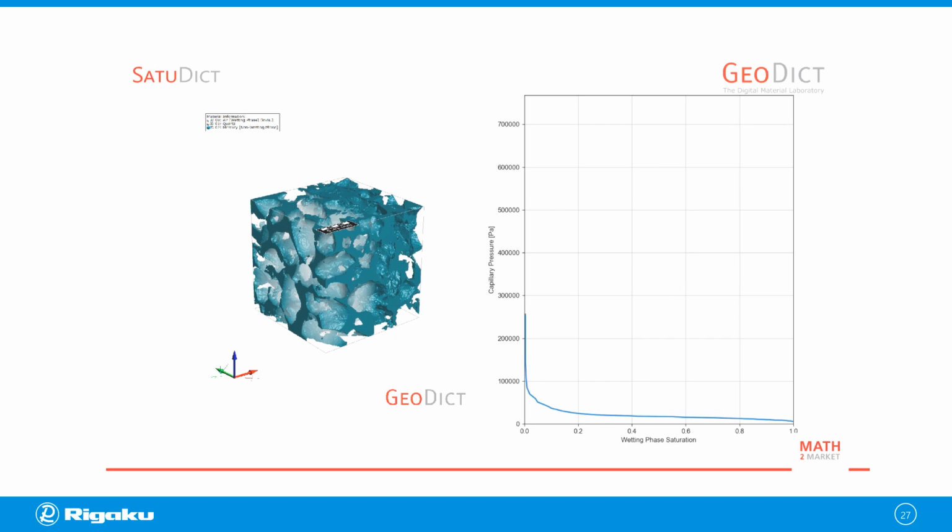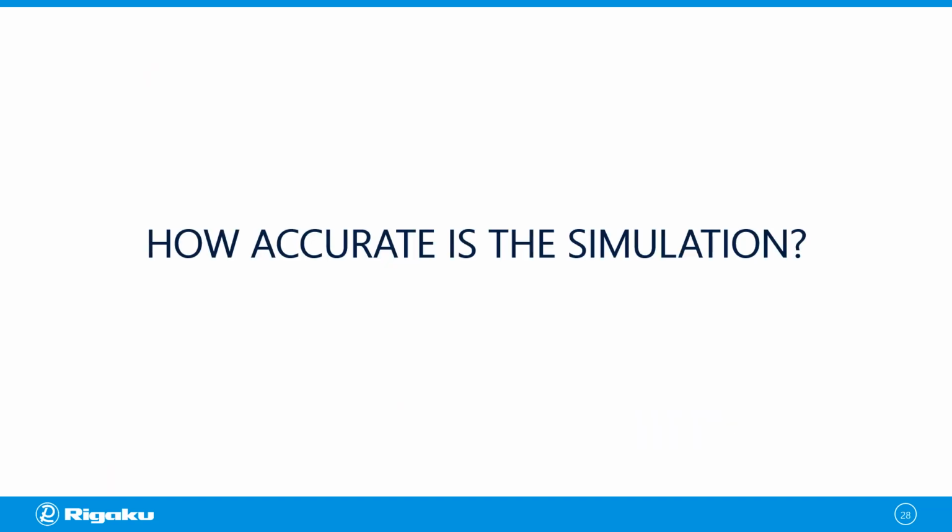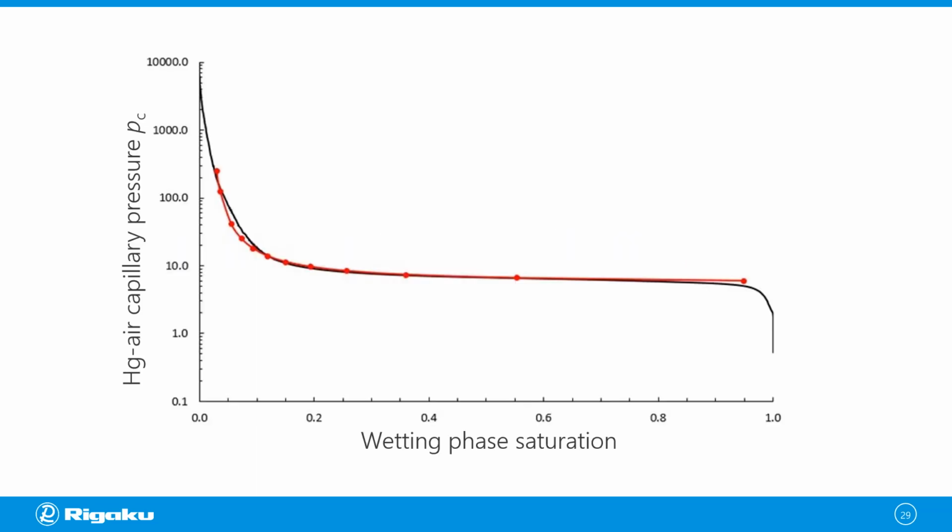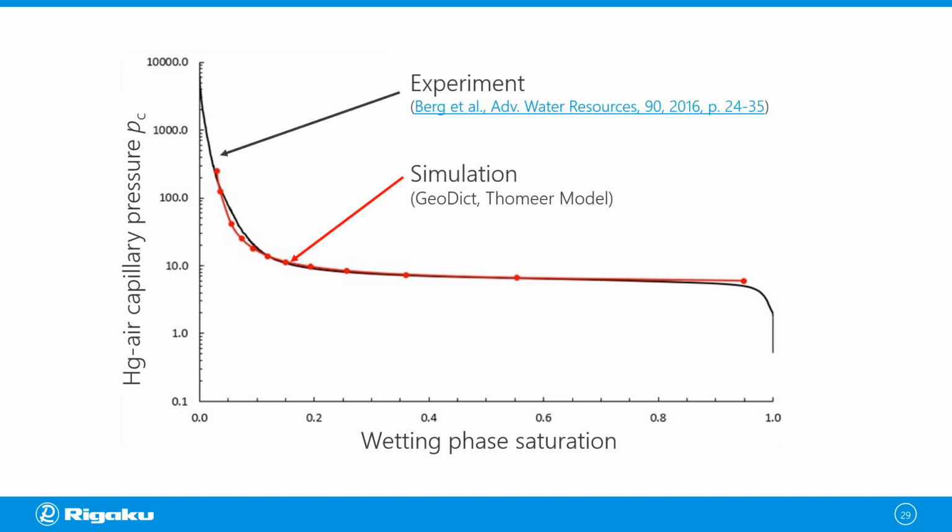experiment. However, when you do something like that, you wonder, well, how accurate is the simulation? And that's a fair question and a good question you should be asking. So I'm going to show you some comparisons between the two, experiment and the simulation. So this is a comparison of the experiment, the black line, and the simulation done by GeoDict, the red line, for mercury capillary pressure.